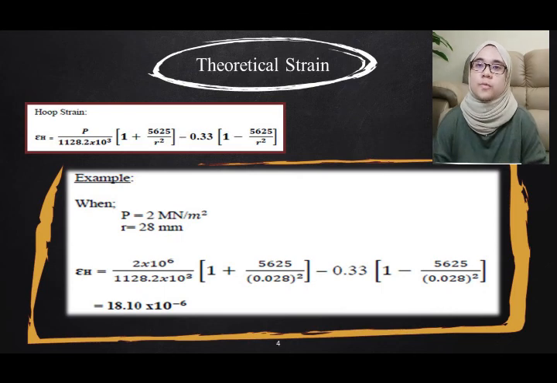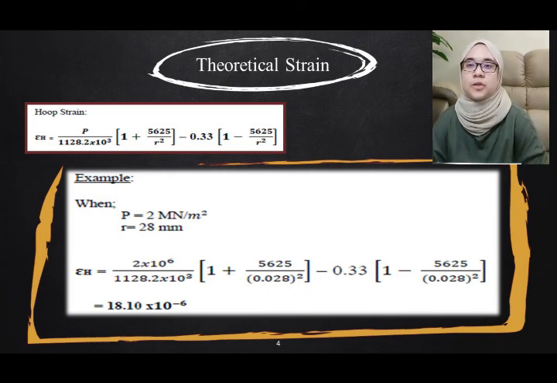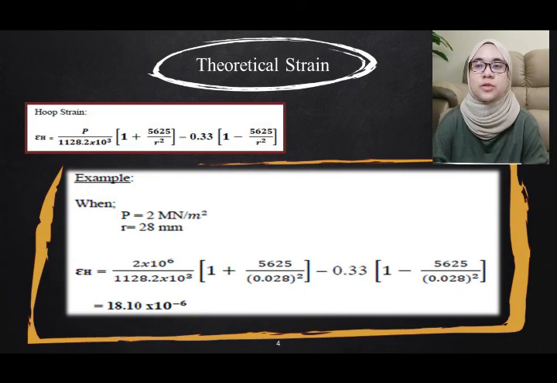First, for the hoop strain, the formula is hoop strain equals P divided by 1128.2 times 10 to the power of 3, times 1 plus 5625 divided by R squared, minus 0.33 times 1 minus 5625 divided by R squared. For the example, P is equal to 2 mega Newton per meter squared and radius is equal to 28 millimeter.